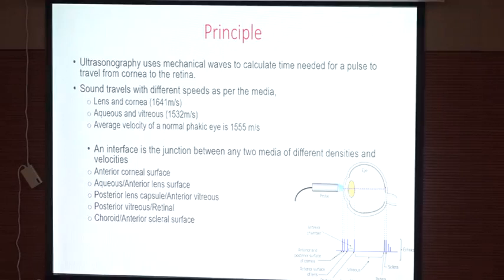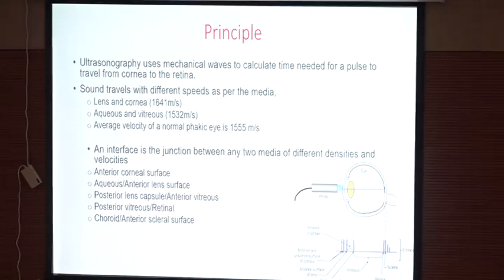So the spikes that we get in the A-scan are because of the interface of the anterior corneal surface, the aqueous and anterior lens surface, which produces the second spike, the posterior lens capsule and the anterior vitreous interface, which produces the third one, the posterior vitreous and the retinal spike because of this interface, and lastly the choroid and anterior scleral surface interface produces the fifth spike. This is followed by retroorbital short spikes due to the orbital fat.